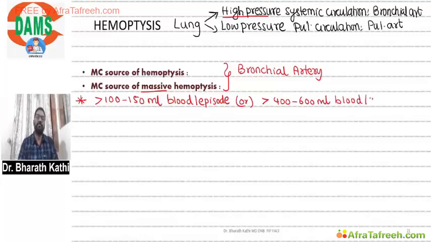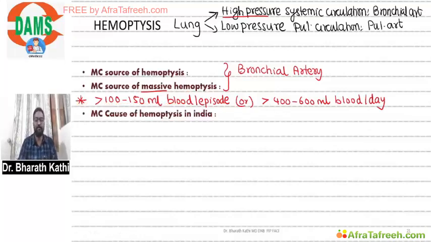So if throughout the day the patient is coughing out half a liter of blood, or in a single episode it is 100 to 150 ml, then you can call it massive hemoptysis.